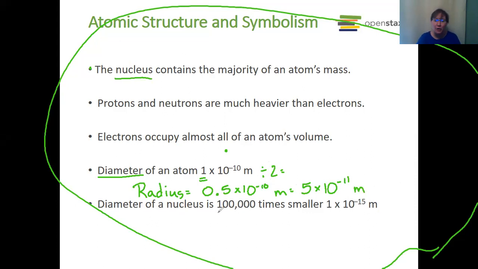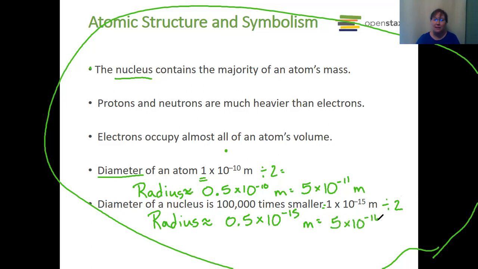The diameter of the nucleus is about 100,000 times smaller, at about 1 × 10⁻¹⁵ meters. So again, the radius of our nucleus, and I'm going to turn this into an approximate symbol because that's not exact, is going to be 0.5 × 10⁻¹⁵ meters, or better, 5 × 10⁻¹⁶ meters. Okay.